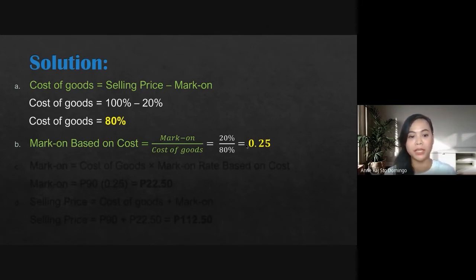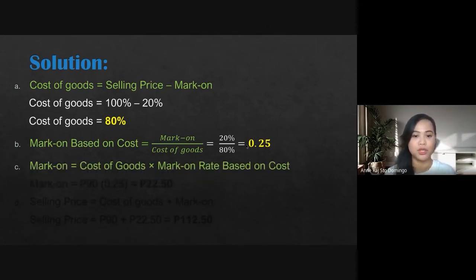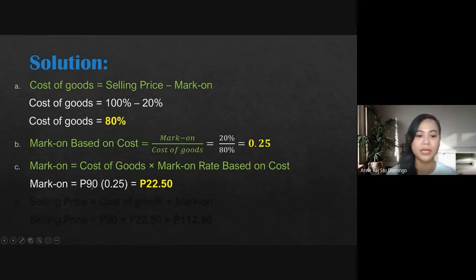So, we can now get the mark-on, yung mismong presyo sa ating cost of goods. So, we have mark-on equals to cost of goods times the rate. So, we have 90 pesos yung ating cost of goods multiplied by the 0.25, yung rate ng mark-on. Then, the mark-on in price is 22.5.